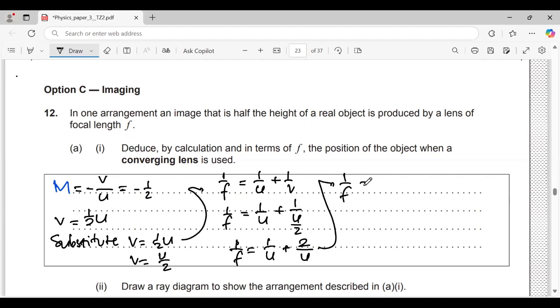So 1 over f equals 1 plus 2, 3 over u, or u equals 3f.